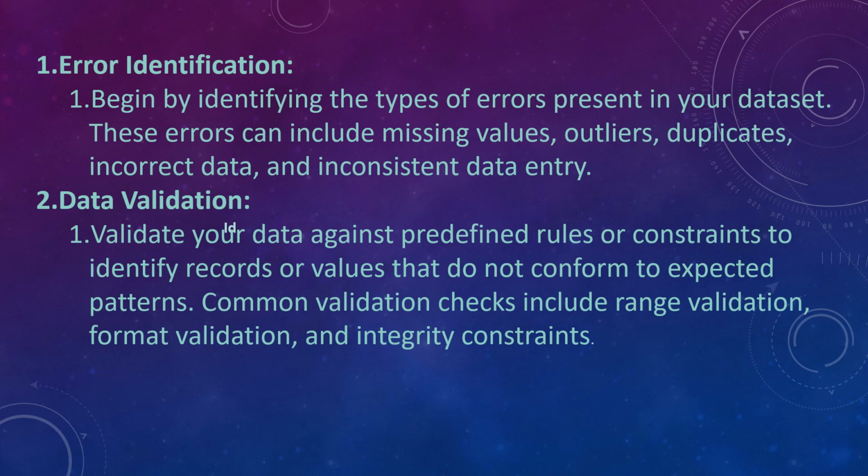And the second one is data validation. Data validation checks data against predefined rules or constraints to identify records or values that do not conform to the expected pattern. Common validation checks include range validation, format validation, and integrity constraints.